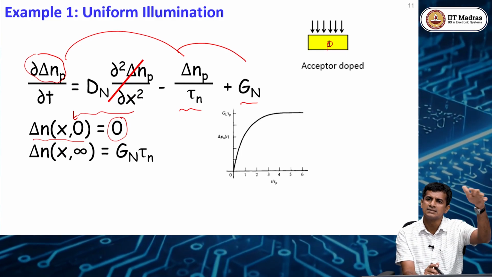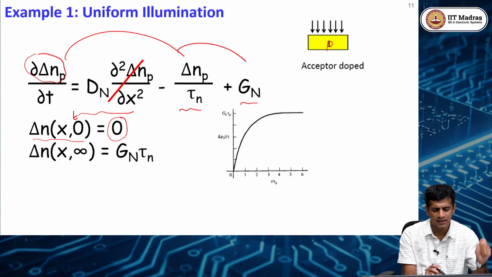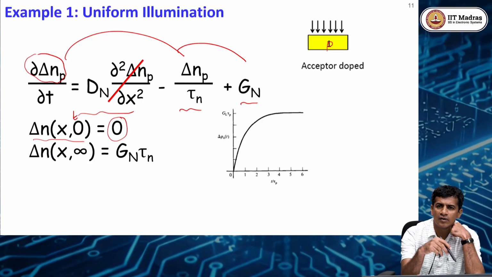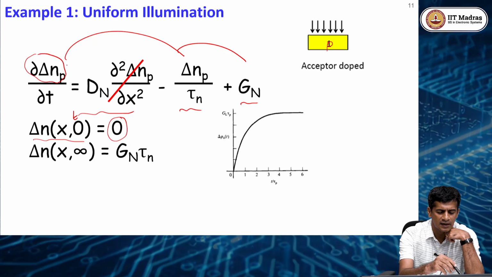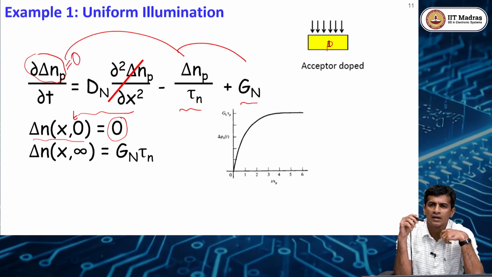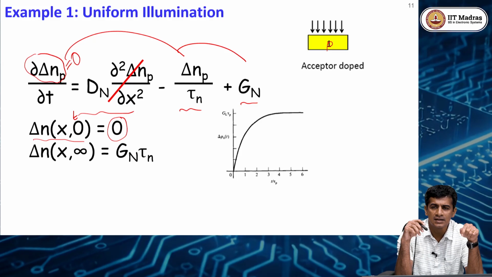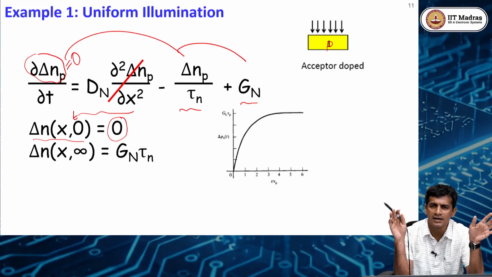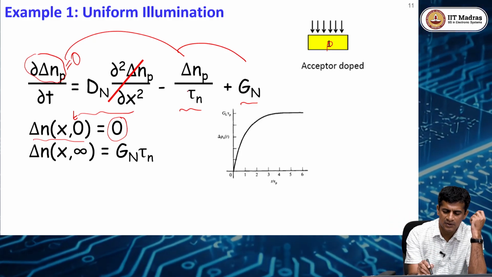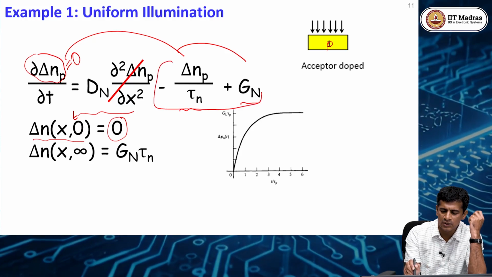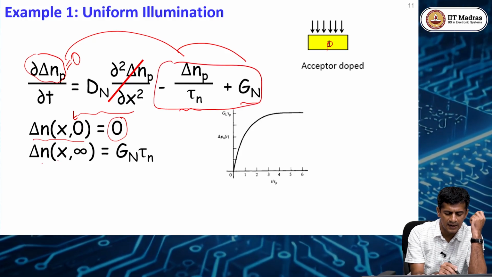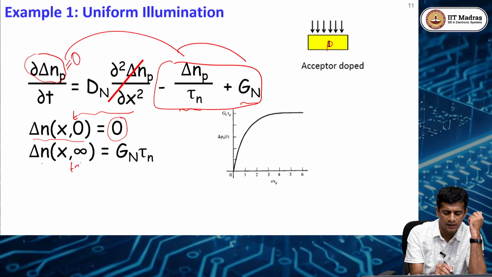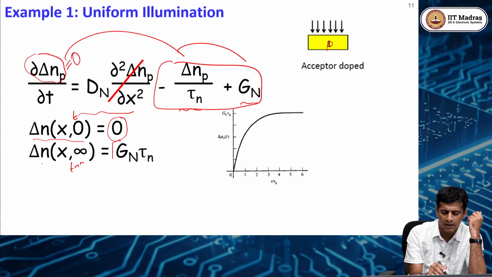This reaches a steady state condition. How do you calculate the steady state value? This we have done earlier. You put this equal to 0. In steady state, whatever the transient, it has died down. So you are left with only these two terms. That means delta n(x) at t tends to infinity is nothing but Gn times tau n.